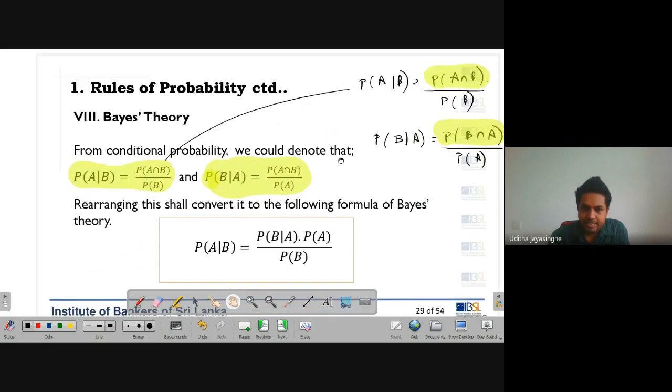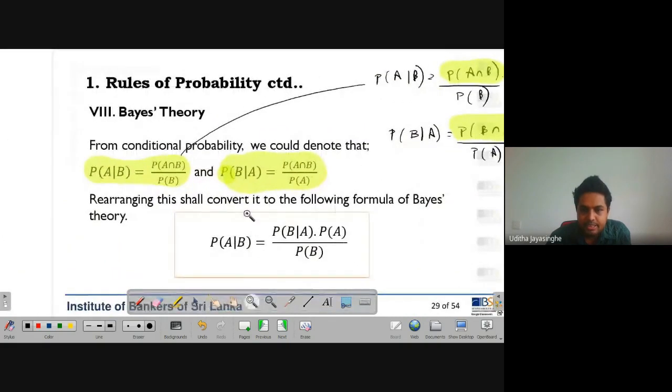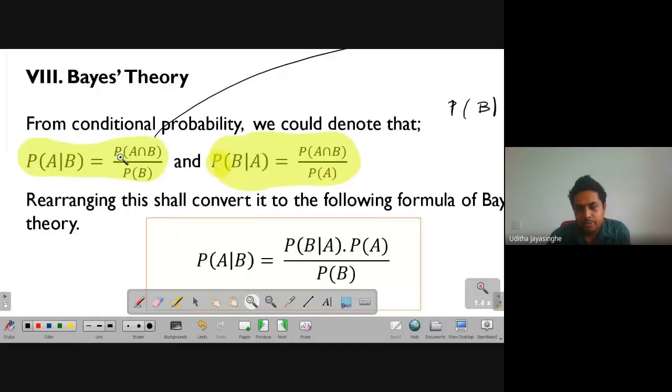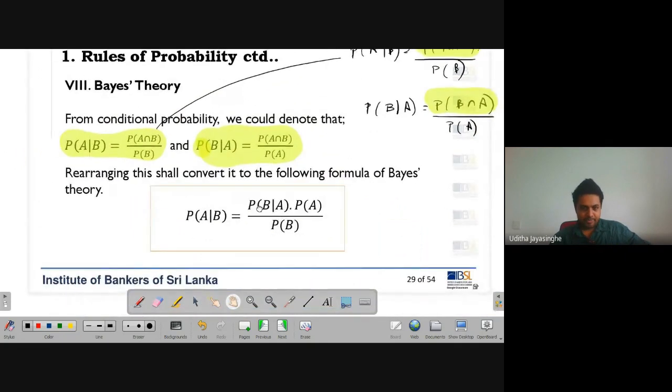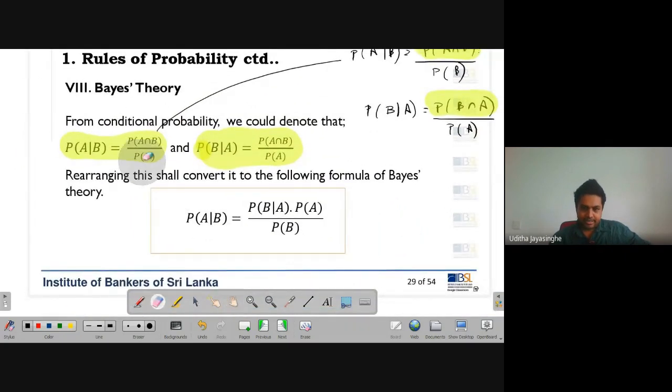So that's why here I have written both probability of A intersection B and B intersection A in the same way. Now, once you come to these placements, what's the interesting fact that you can see? You can find a common item in both of these equations. What is that?